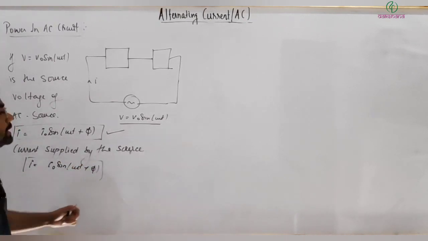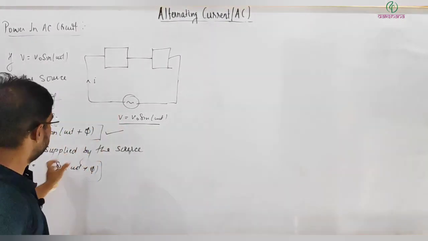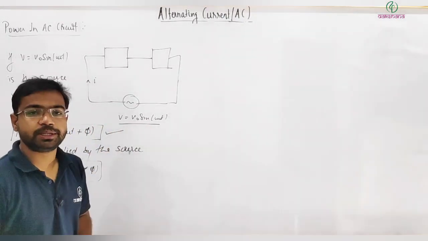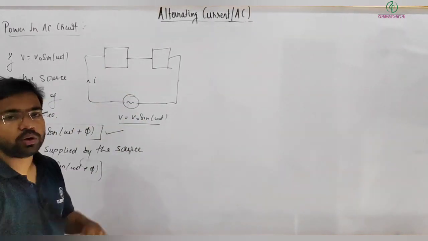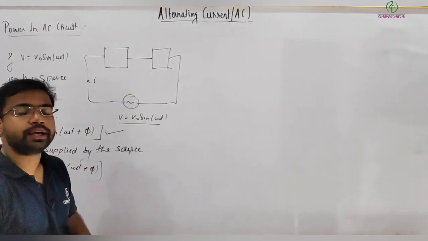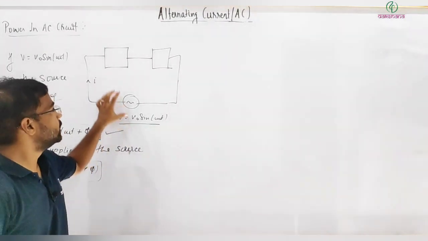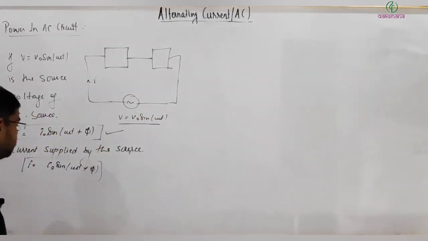Now it's easy: this is the potential of the source, this is the current supplied by it. The power supplied by the source will be consumed completely. Instantaneous may not be, but for average power, the power supplied by the source will be the power consumed in the AC circuit elements cumulatively.